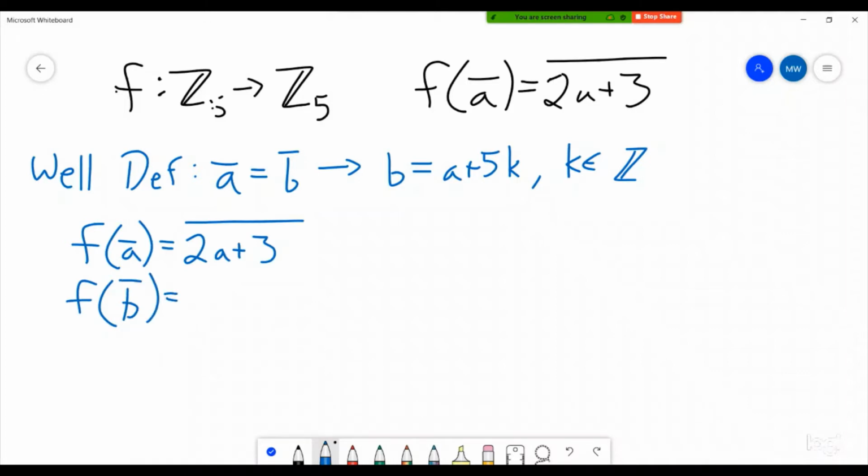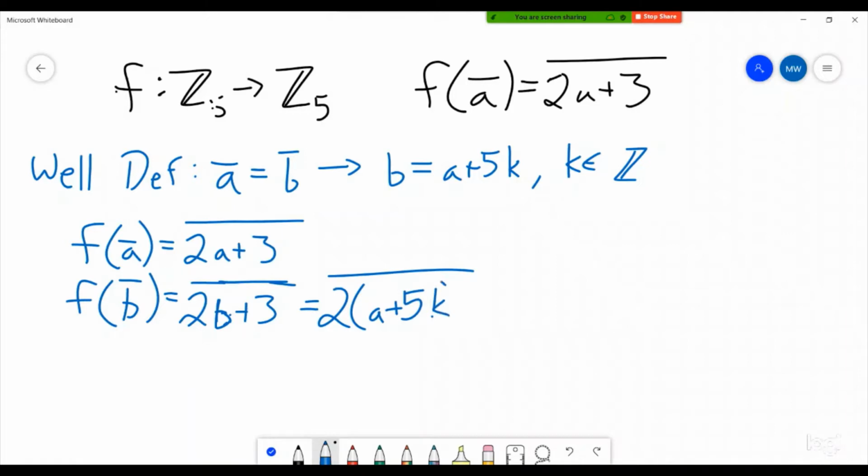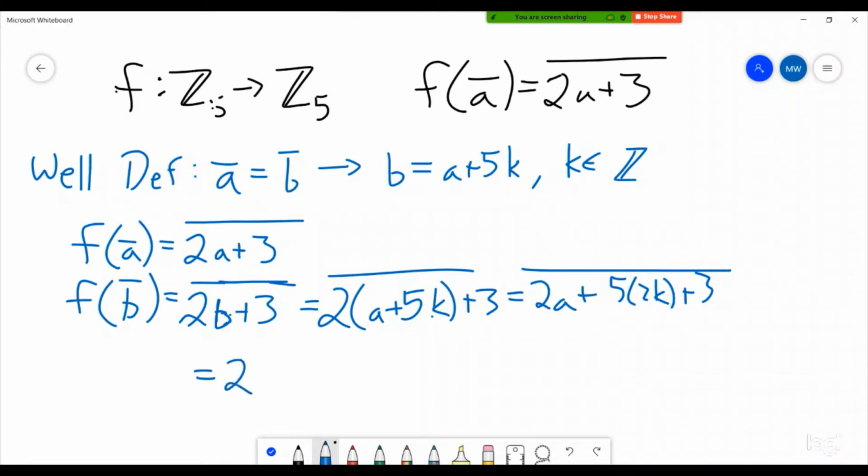So that's going to be the class of 2b plus 3, which when we substitute in b equals a plus 5k, that gives us 2 times a plus 5k plus 3, which is 2a plus 5 times 2k plus 3.